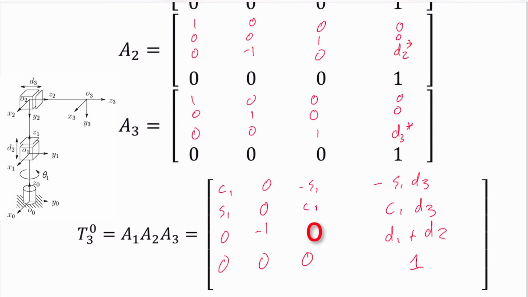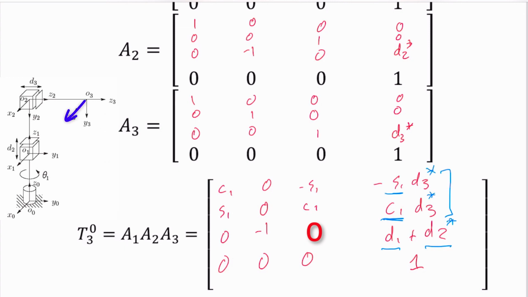And you think, well, we might have been able to pull this out directly, because you can see the total distance my origin has moved in x and y is just going to be my d3, which is my extension of my third joint, times my rotation. Whereas my total distance that I move up in z is just d1 plus d2. This is my star value.